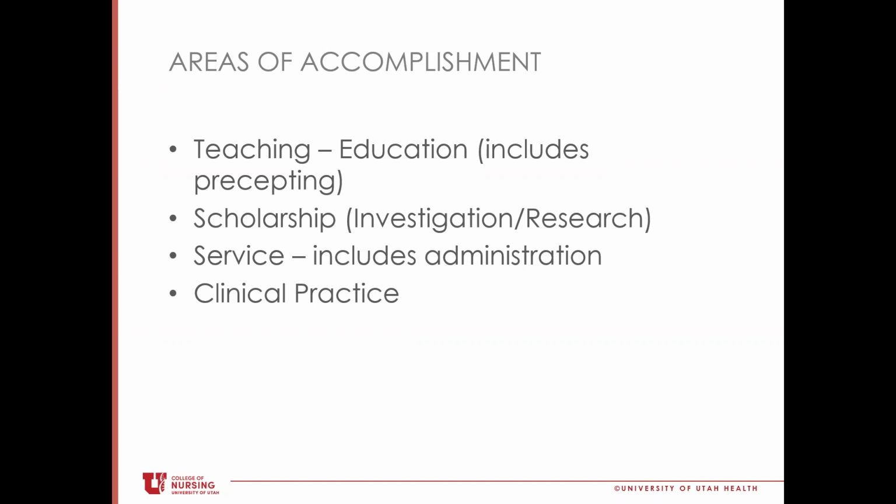Scholarship is the next traditional area of accomplishment. And again, in our setting in health sciences, this can include many forms. It can be traditionally research, but it could also be team science or quality improvement or development of technical writing or technical products.